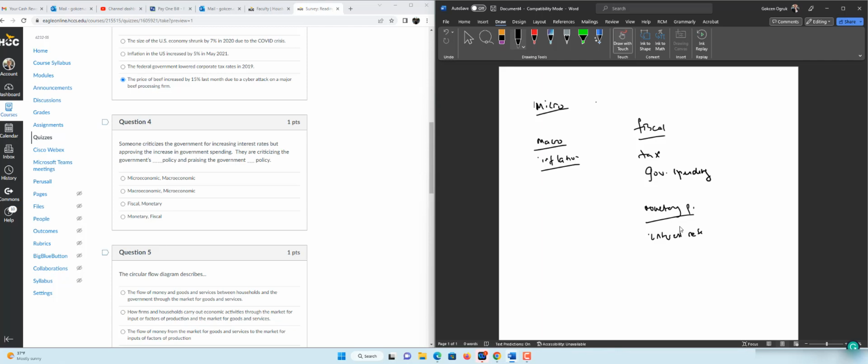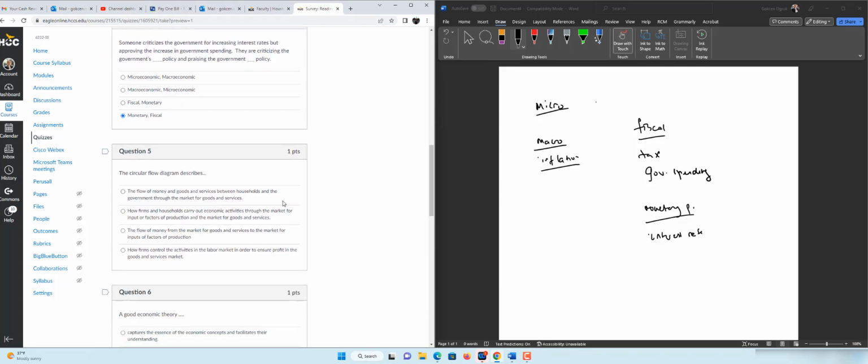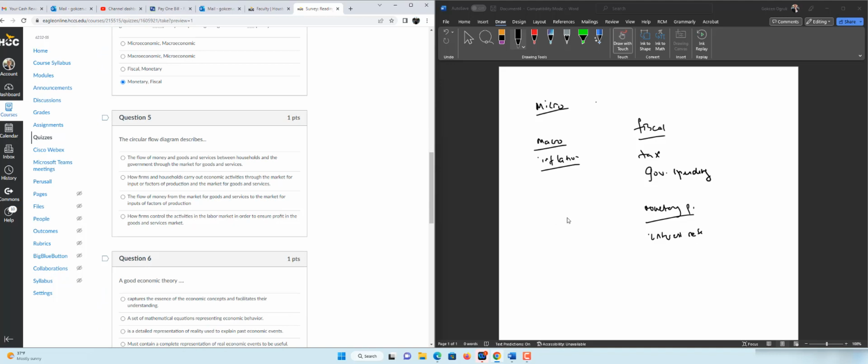Someone criticizes the government for increasing interest rates but approves the increase in government spending. If they are criticizing interest rates, it's monetary policy, and praising the government about spending is fiscal policy.